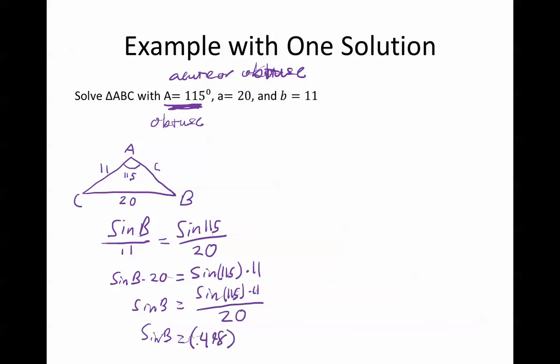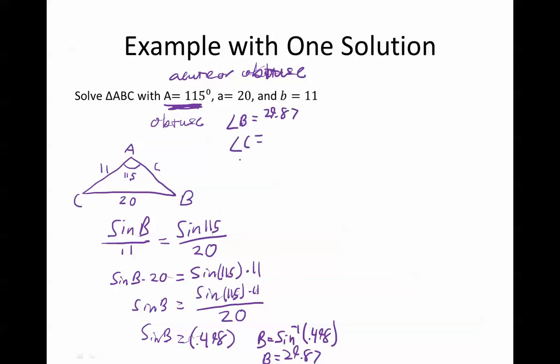And then we're looking for an angle now, which is different than our last problem. When we're looking for angles, remember, we do the inverse sine. So on your calculator, you're doing that inverse sine button. But when you do that, you get B equal to 29.87. So angle B, which we're looking for, is 29.87.